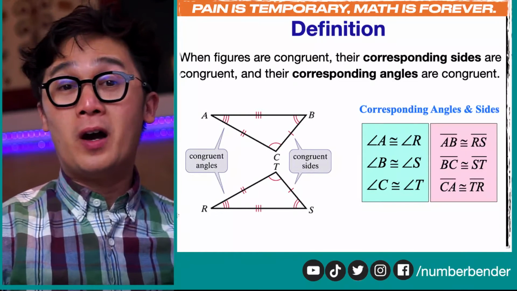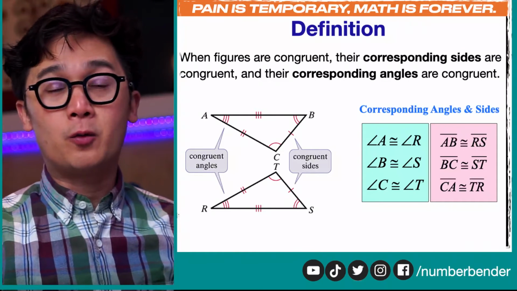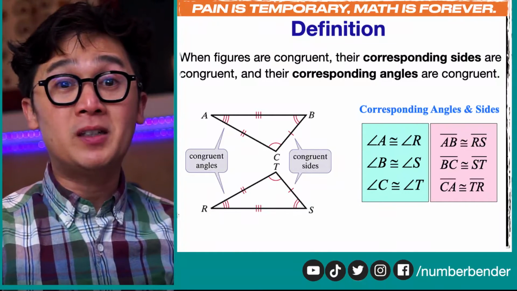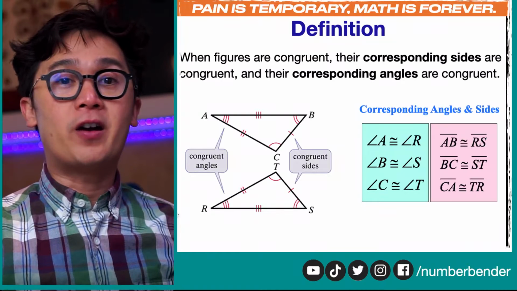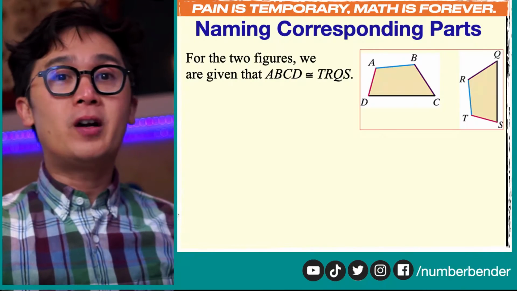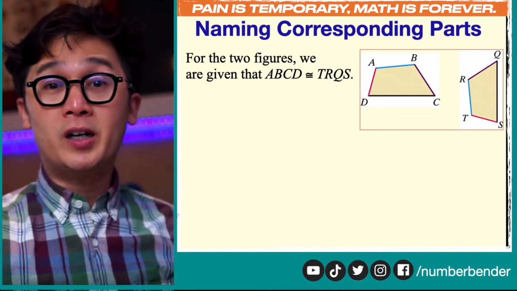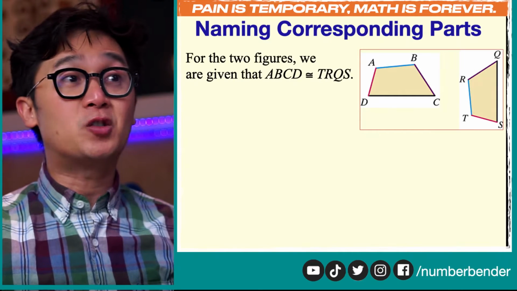So even though we are moving the triangles around, we are seeing identical shape and size because of the markings on our triangle.